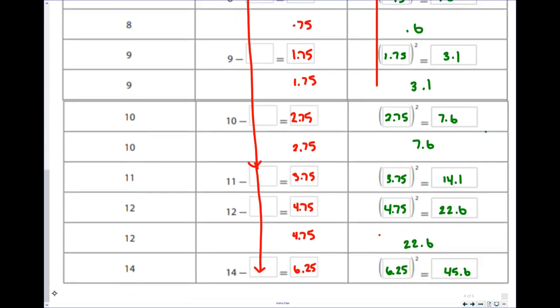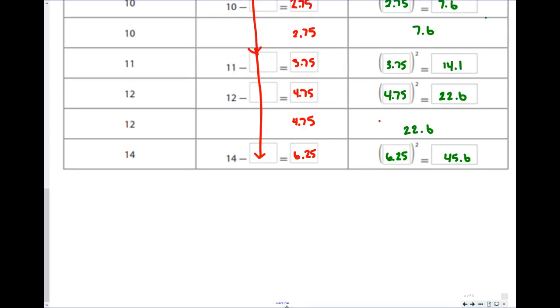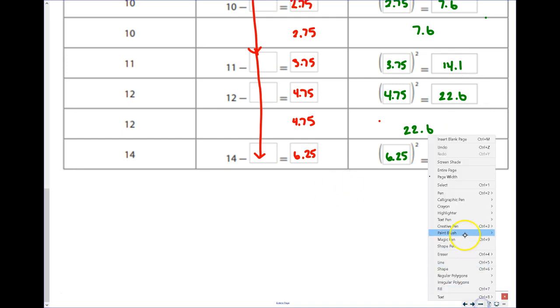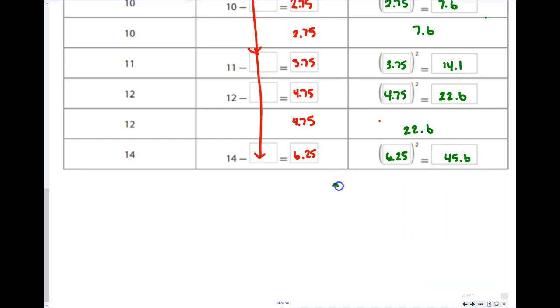Now the crazy part, because that wasn't the crazy part of this. Here comes the crazy part. All of these values in this right column here, leave that in green, you're going to add them all up. Add up all the squares that you got here, which is craziness.